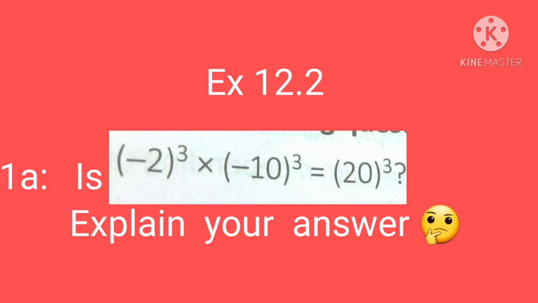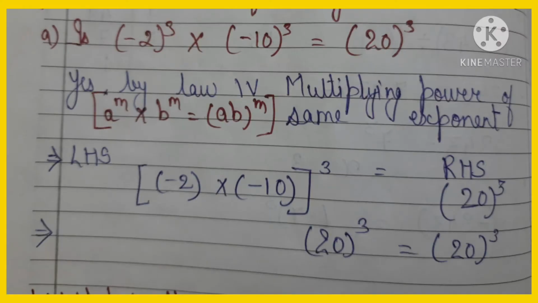We have to prove that the LHS part is equal to the RHS part with a supportive explanation. The answer for this will be yes, by the fourth law, that is, multiplying powers of same exponents. In this left hand side, we can check that the expression is (-2)^3 × (-10)^3, where bases are different but powers are same.